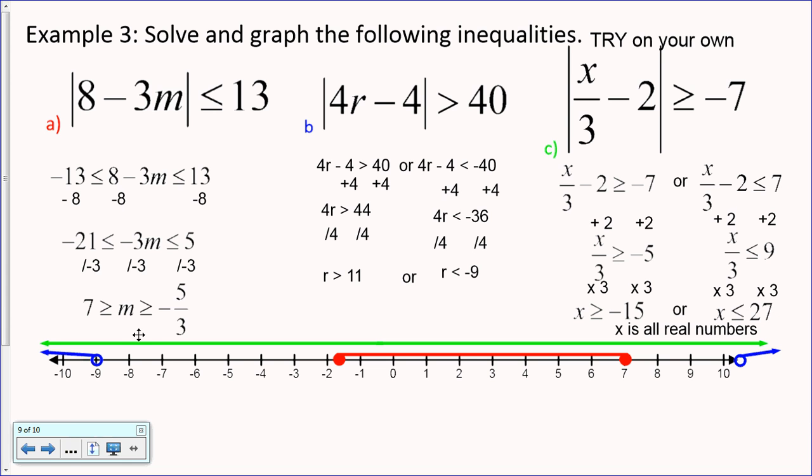So that actually means I would go in both directions, past our little stopping points, and I'd be pointing to everything, okay? So x is actually all real numbers. Anything I put in there would be greater than negative 7. I mean, think about it. The absolute value is greater than or equal to negative 7. I could put anything in there, and every absolute value would come out to be a positive number, which is always greater than negative 7. So that would work. Okay?